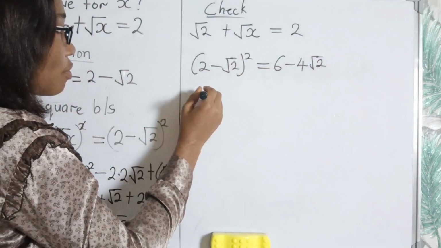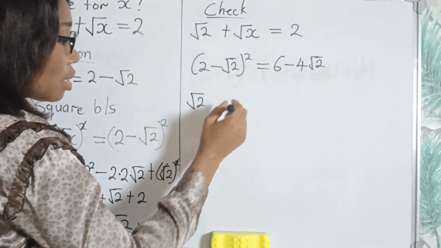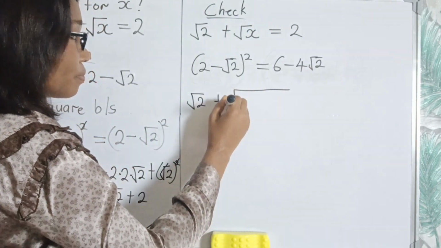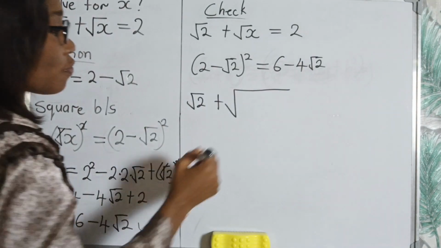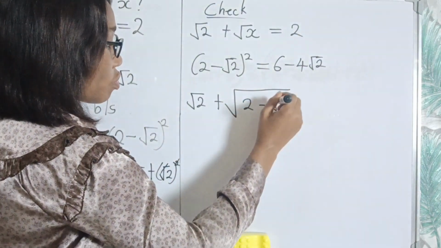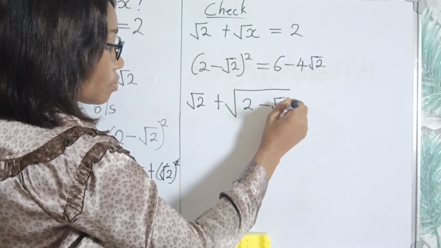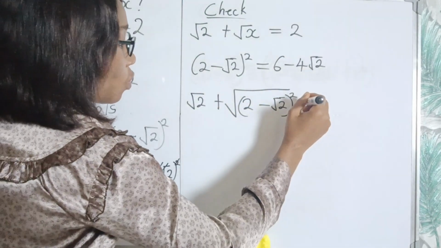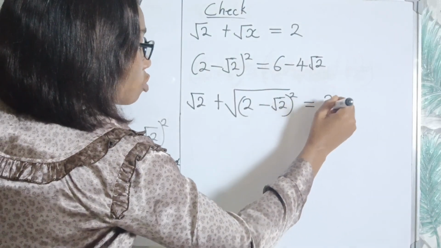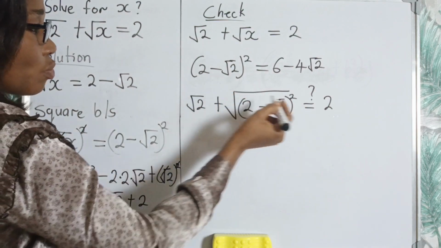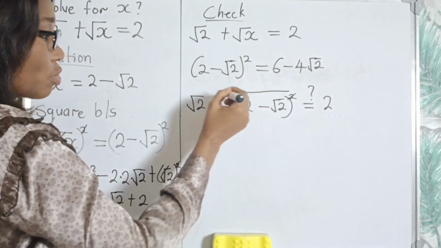So now we have root 2 plus a big square root of 2 minus root 2 all squared. Now we want to find out if this is equal to 2. Now looking at this, the square will cancel the root.